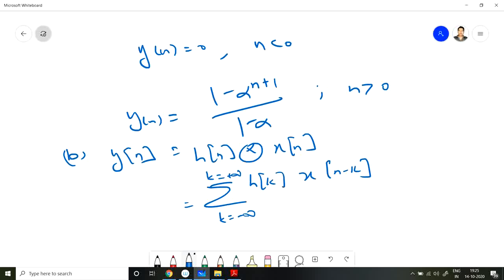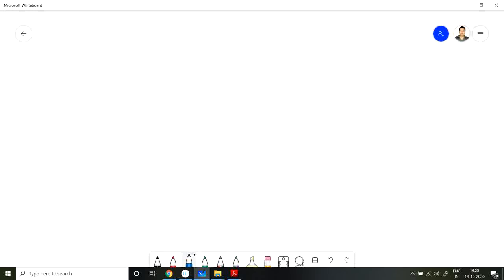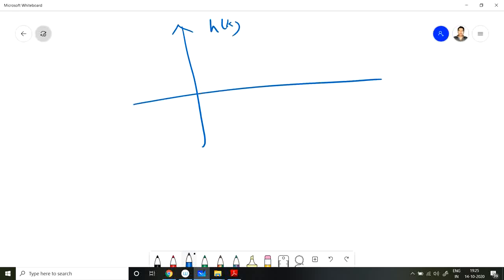So let us plot the required plots. This is our h[k]. Now we have x[n minus k].